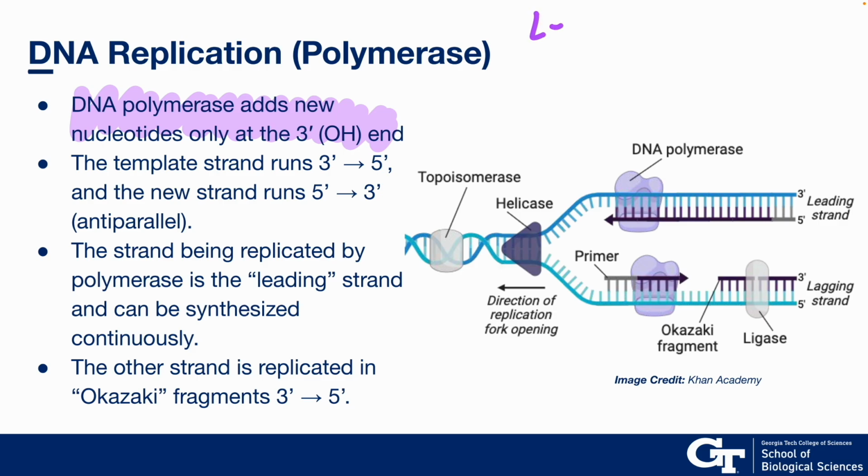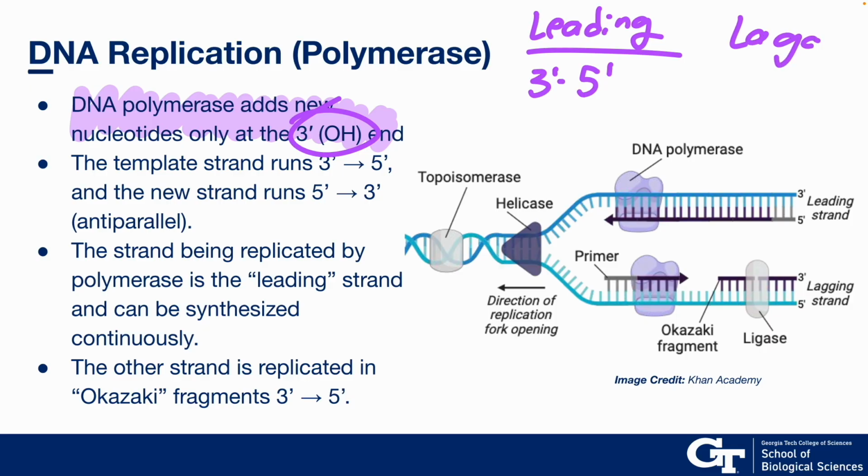So leading is going to go from 3' to 5', which makes sense because, again, we can only add to the 3' end. So we have a lagging strand, and the lagging strand is where the polymerase cannot directly bind. Why? Because it's going from 5' to 3', and we can only add to the 3' end.